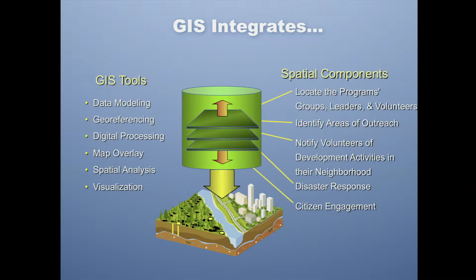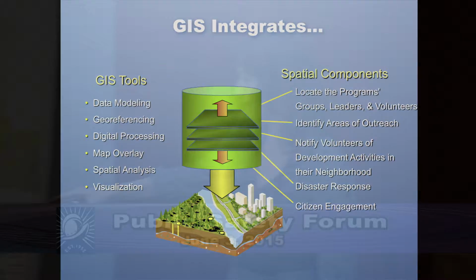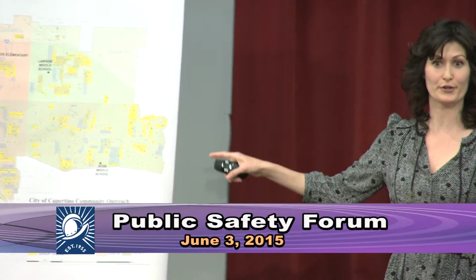From there, we go ahead and notify our volunteers of happenings in their neighborhood. For example, is there new development? We also can use the data to identify outreach areas. So where in the city do we not have coverage of yellow or blue, indicating that there's a block group or neighborhood watch group there.